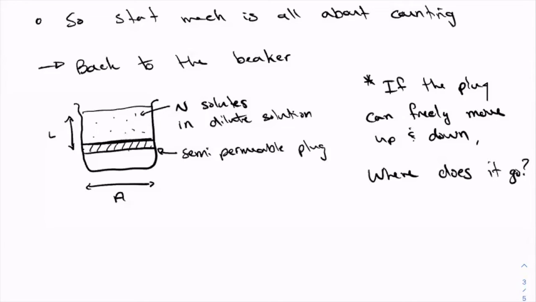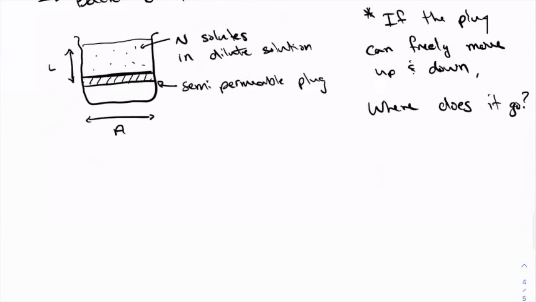We are already in a position to answer that question from first principles given our postulate. So how can we sort that out? So we can note that at each position of the plug, there are a number of microstates consistent with that position of the plug.